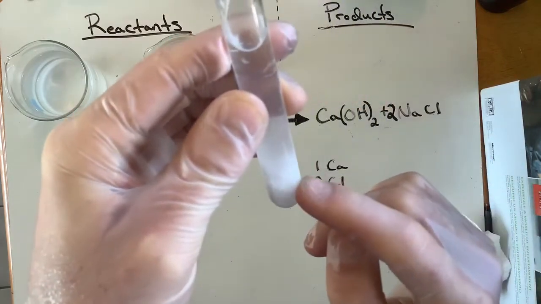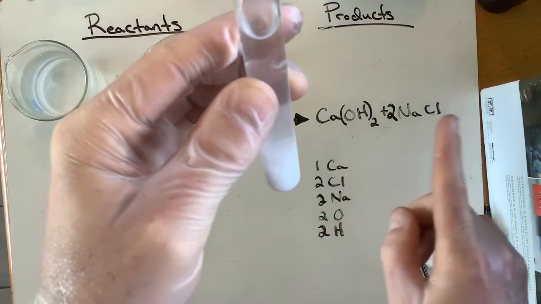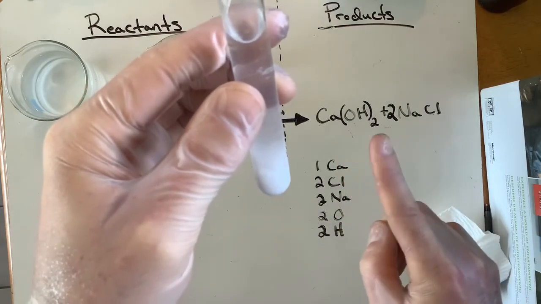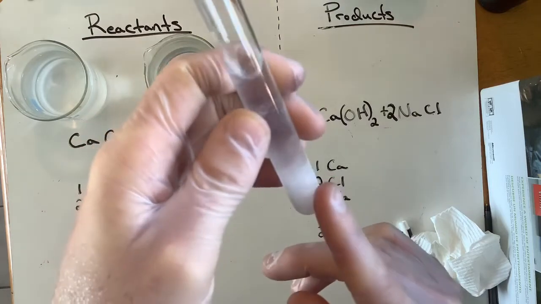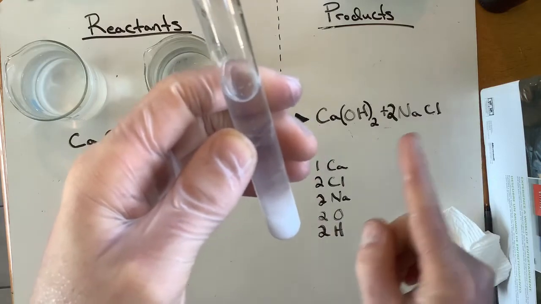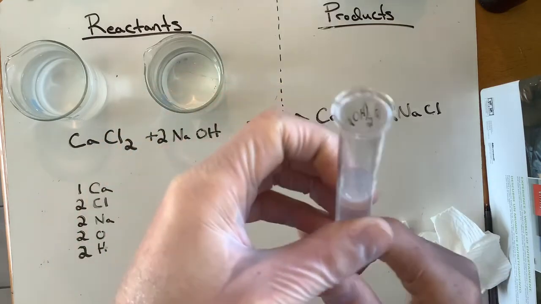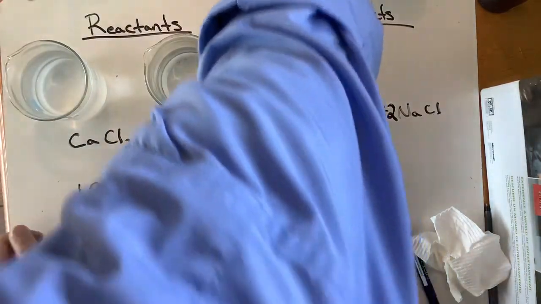And then down here in our precipitate, we've made some calcium hydroxide and we've made some good old-fashioned sodium chloride, table salt. Okay, so I'm not going to drink this. That would not be good for my health. But I suspect that if I did, it would be very salty because I've got the presence of that sodium chloride.